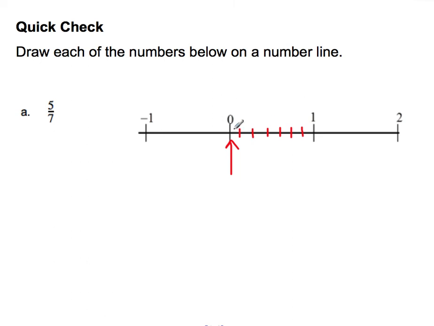When I create 6 lines, I have 7 equal spots, or 7 equal distances. 1, 2, 3, 4, 5, 6, 7. And the top number says I start at 0 and I go 5 of them. 1, 2, 3, 4, and 5. I'm going to put a dot there and I'm going to label my point as 5/7.